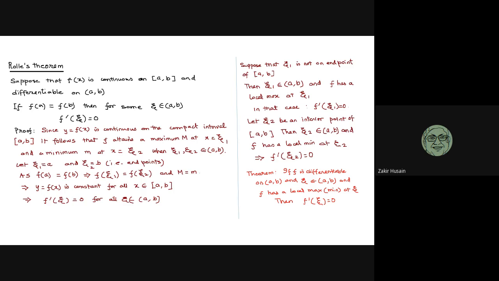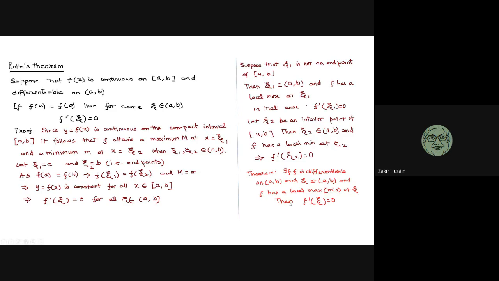Now we come to Rolle's theorem. When we are trying to prove Rolle's theorem, we will require this theorem: if f is differentiable on an open interval AB, that is, the boundaries are not included, and a point psi belongs to AB, then f has a local maximum or minimum at psi.